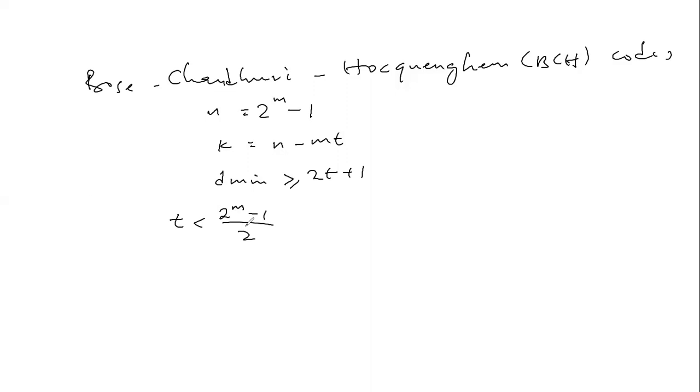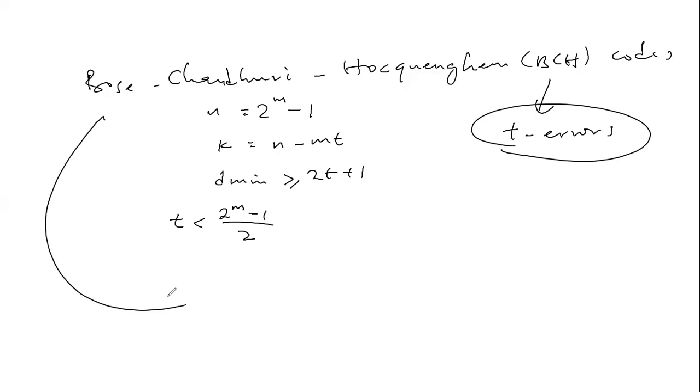In other words, each BCH code can correct t errors, unlike the Hamming codes that can correct only single errors. So this can detect and correct up to t random errors per code word, and t is the maximum number of correctable errors, as we already mentioned. So in other words, BCH codes are cyclic codes.